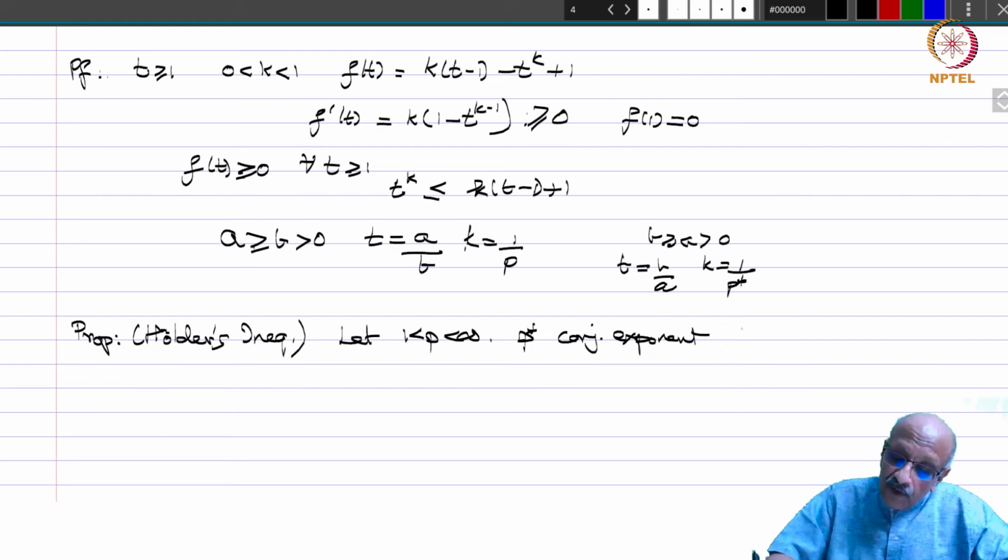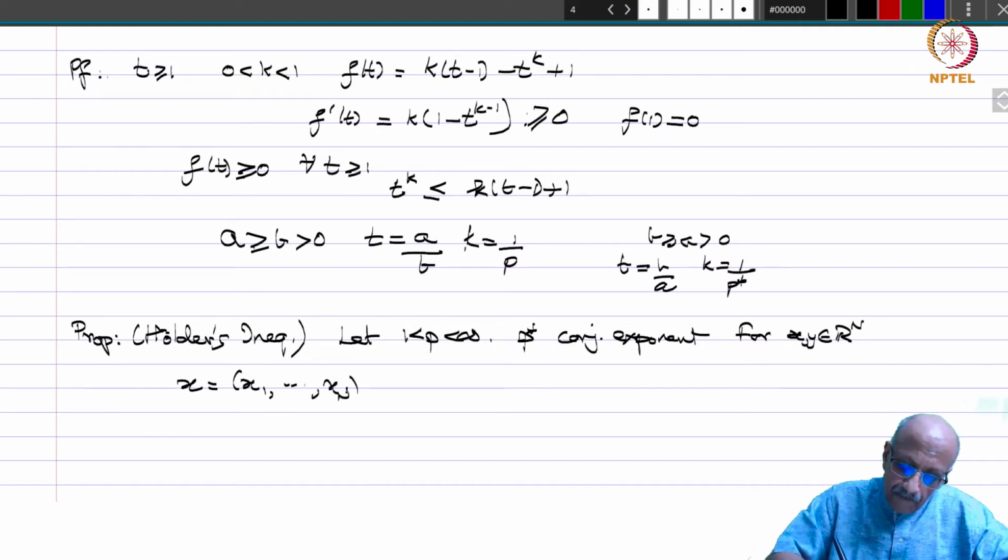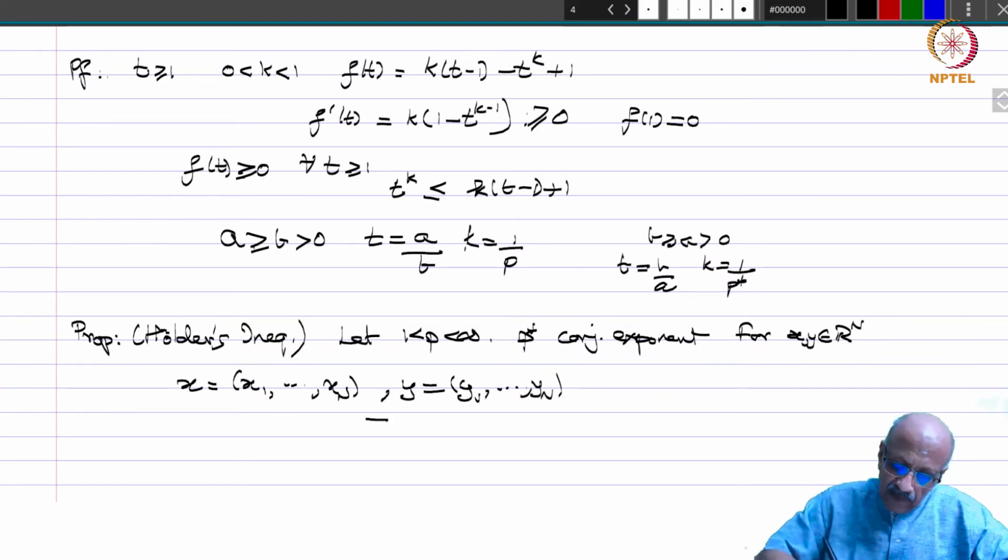Then for x, y in R^n, so x equals (x1, ..., xn), y equals (y1, ..., yn), we have Σ_{i=1}^n |x_i y_i| is less than or equal to ‖x‖_p ‖y‖_{p*}.